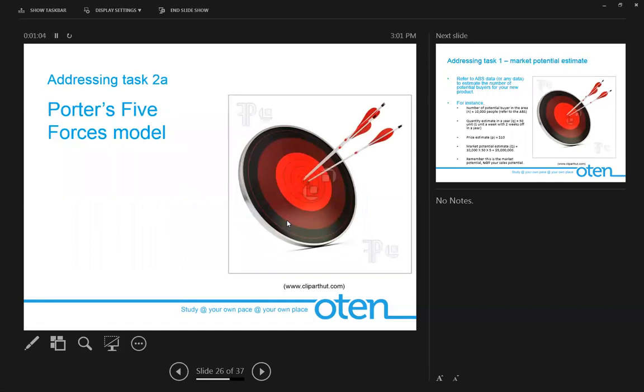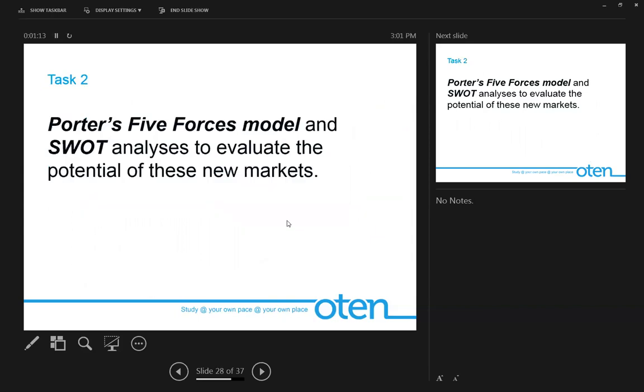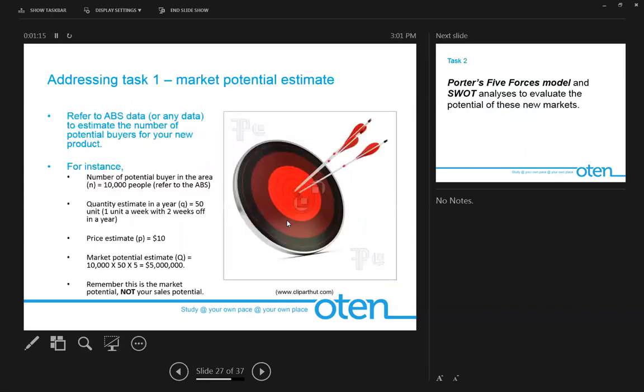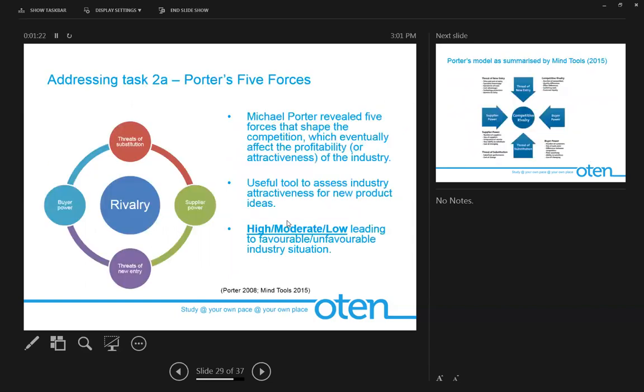Let's look at the 4 or 5 forces model to evaluate the 2 ideas. And using the 4 or 5 forces, we can rate them as high, moderate, or low. These are basically the 5 forces that we just talked about.